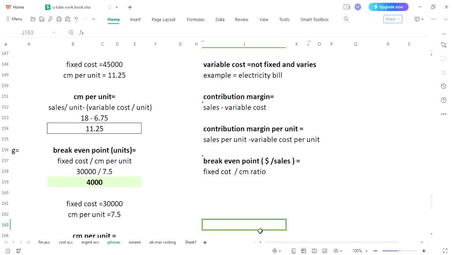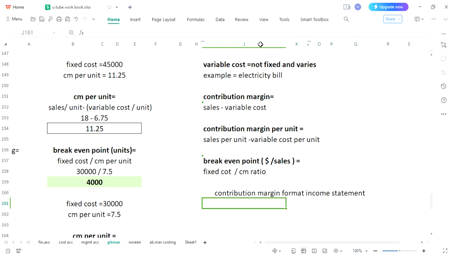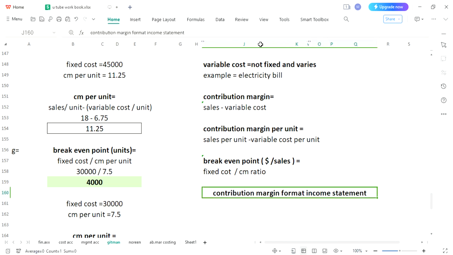let's use this space, and you must know a new concept, which is called contribution margin format income statement. With this we can prove it.